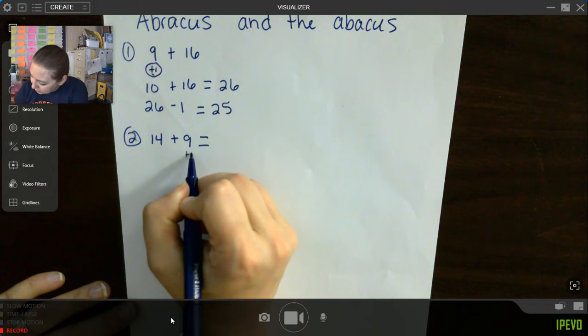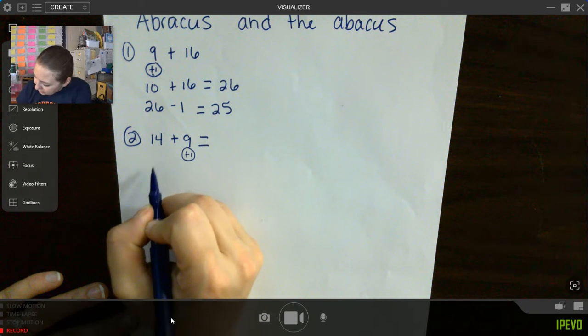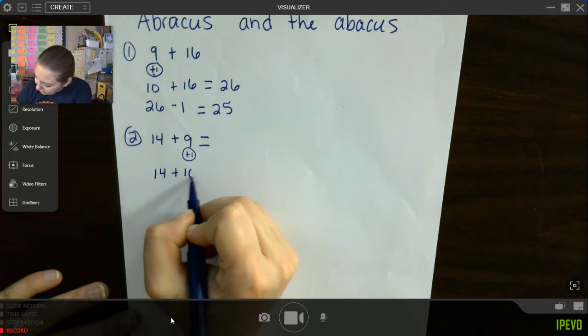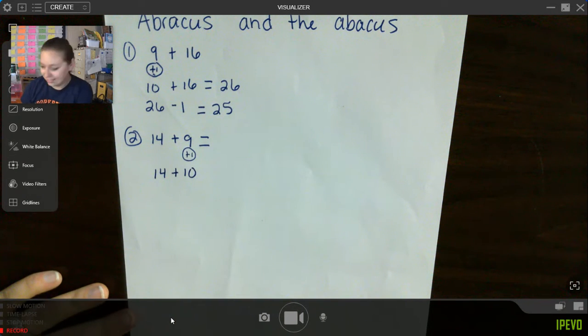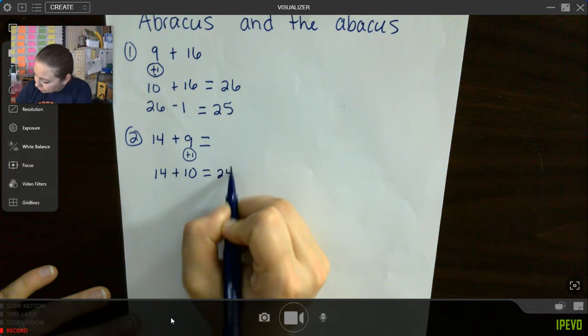We'll add 1. So now instead of 14 plus 9, we have 14 plus 10. And even without an abacus, I know 14 plus 10 is 24.